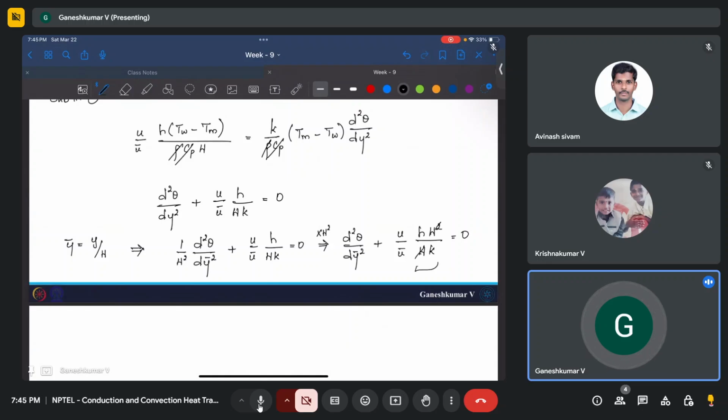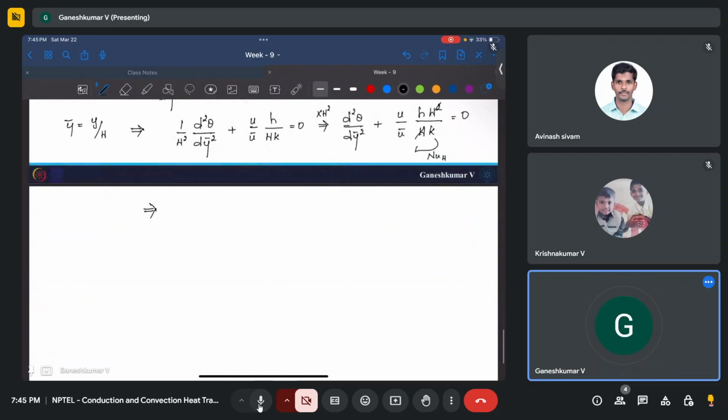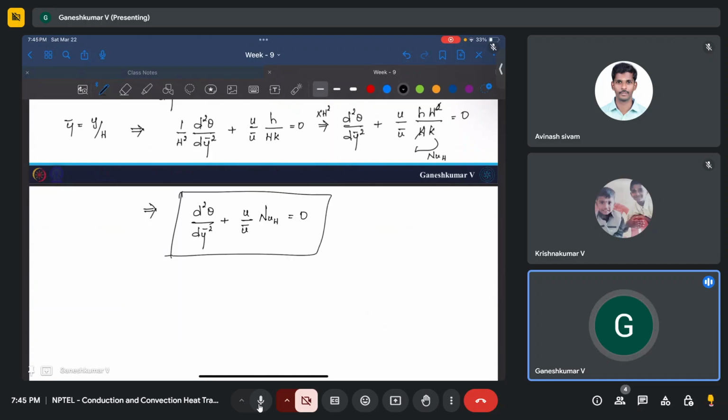This part is nothing but your Nusselt number based on h, and your Nusselt number again remains constant. So it's very nice to express this equation in terms of Nusselt number so that you can know that this is a constant and you can easily integrate them. Nu h equal to 0. So this is your final equation.